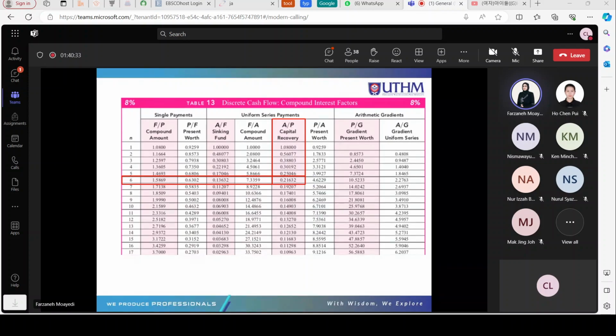You just have to make sure that you understand the questions, because one of the major mistakes I have seen in students is that they make a mistake about what they have and what they don't have. Some students are not able to differentiate between, for example, present and future.